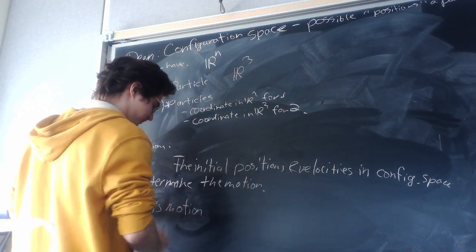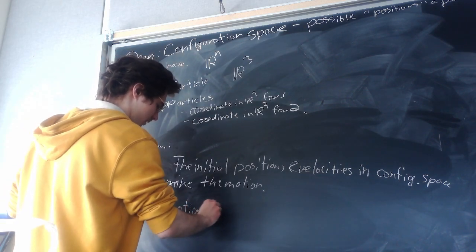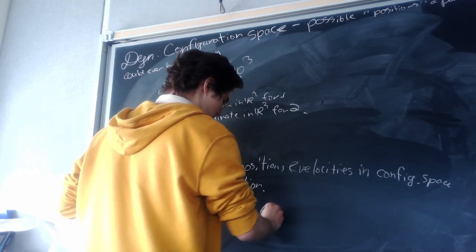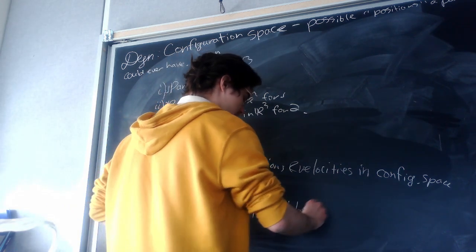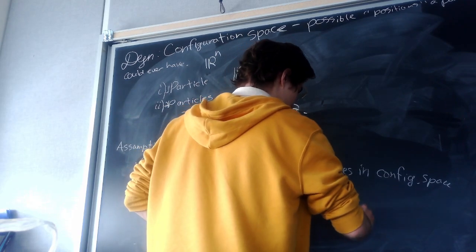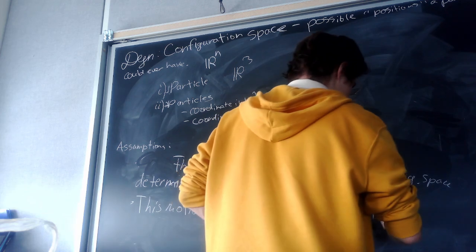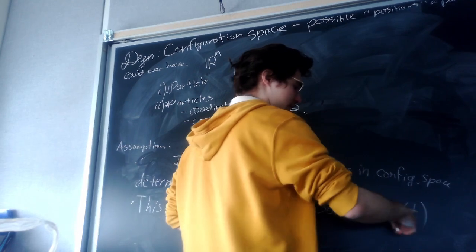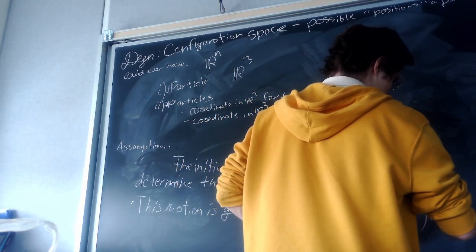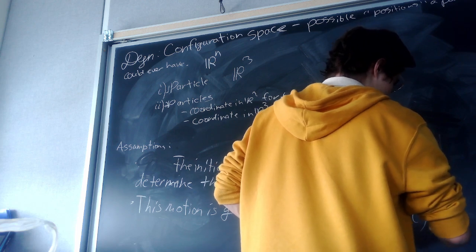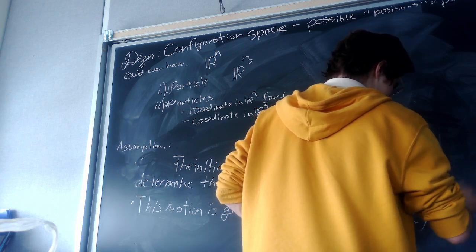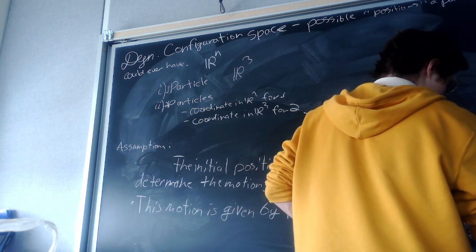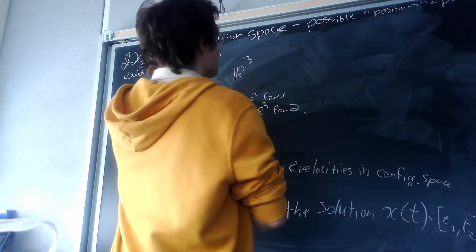This motion is given by the solution x of t, where x of t is a function from, I don't know, some time interval, let's say some t1 to t2, into our configuration space.